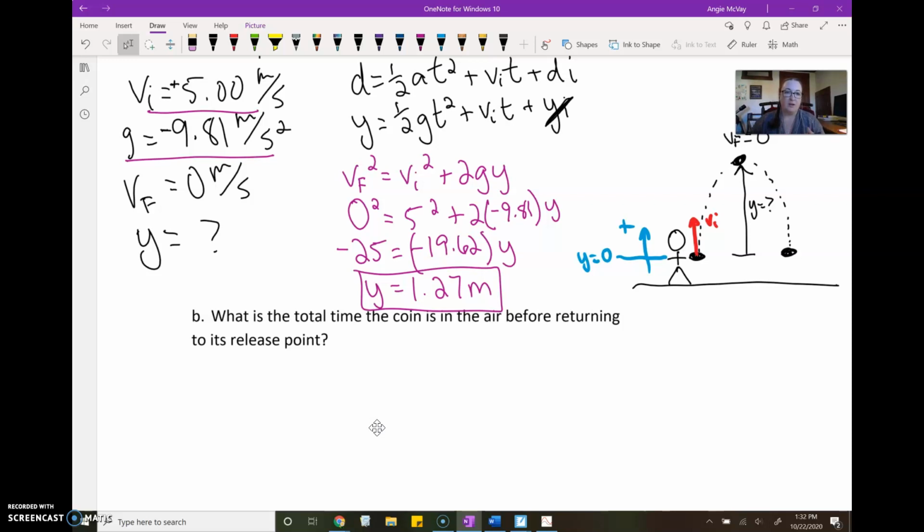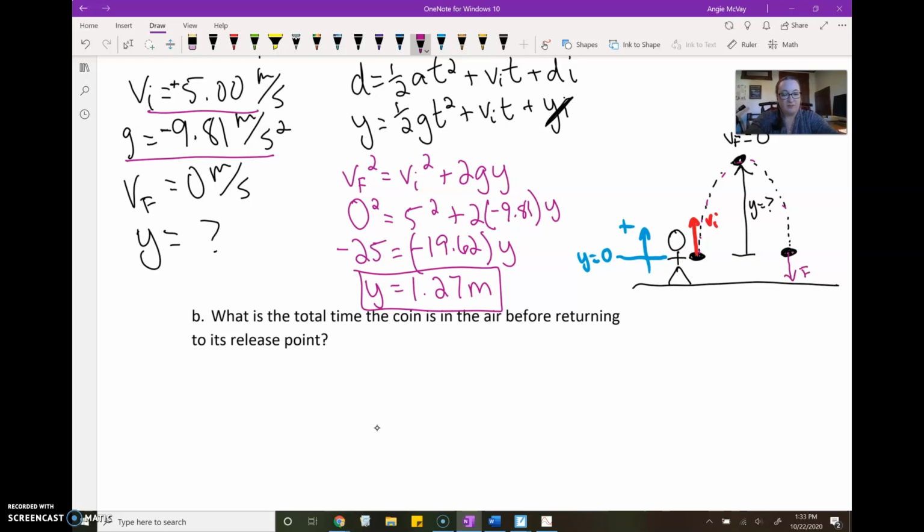Its motion can be described using a quadratic equation, which is a parabola. We know parabolas are symmetrical. Okay, so the total time the coin is in the air before returning to its release point is the total time it takes to go up to its highest point and back down to that same height because parabolas are symmetrical.